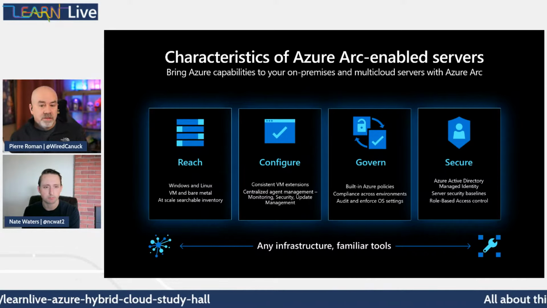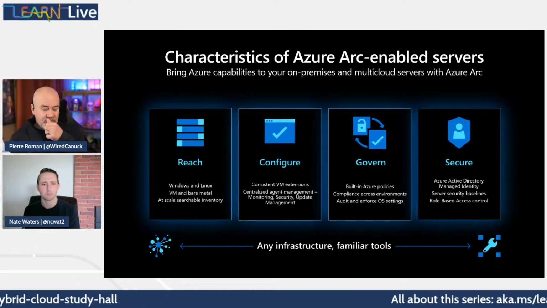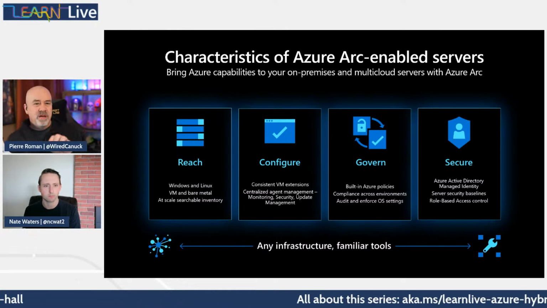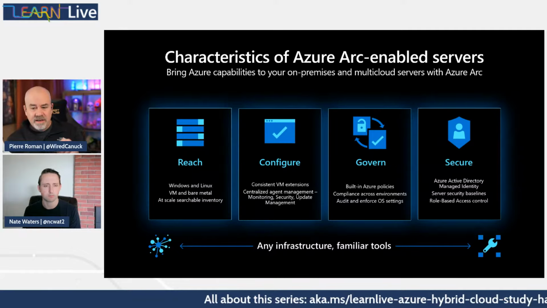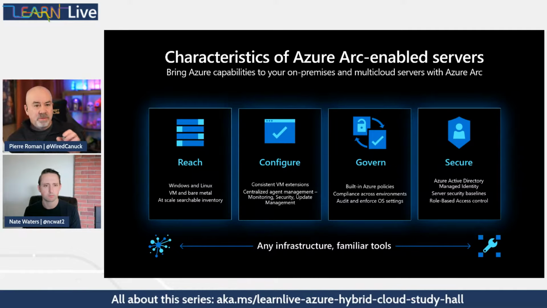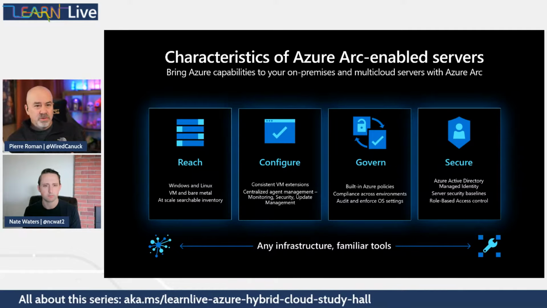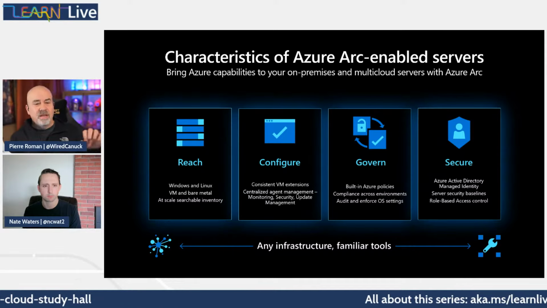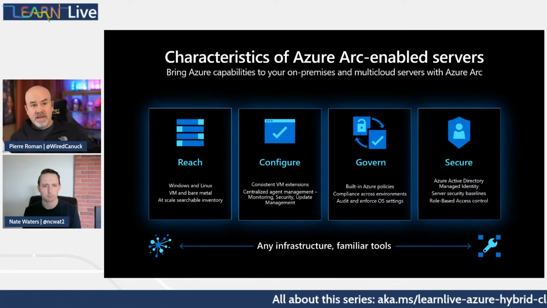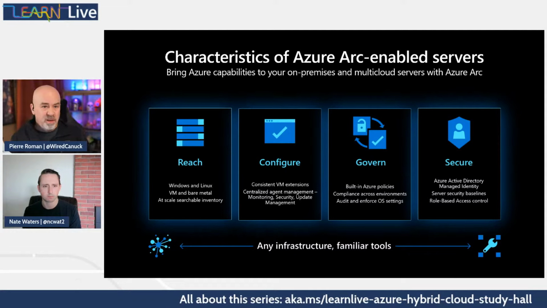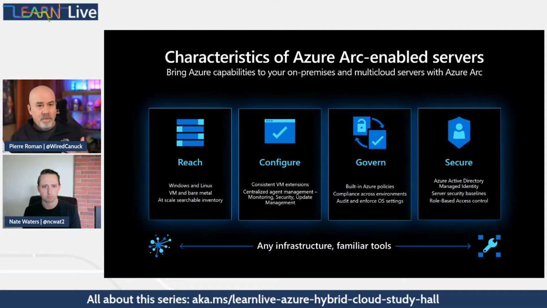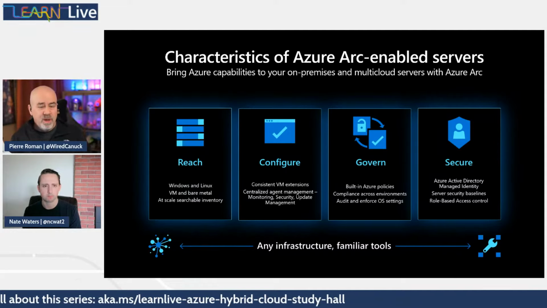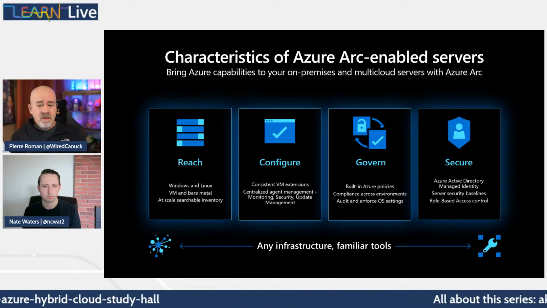Yes. So using Arc, I'm not quite sure about pipelines themselves, but you can integrate Azure DevOps practices. You can also use Azure Automation, because there's an agent for that, where you could send commands to that server, and then that server will pull your content from a GitHub repo or any other installation process.